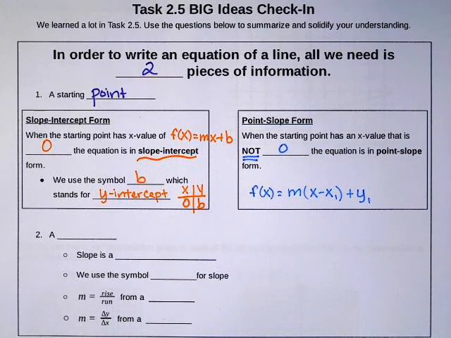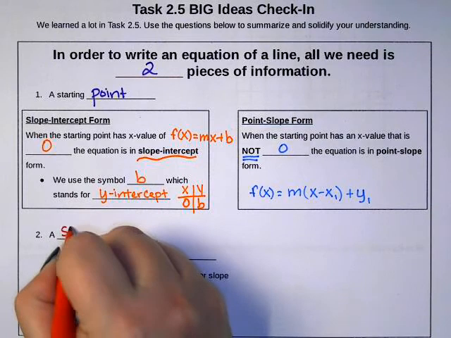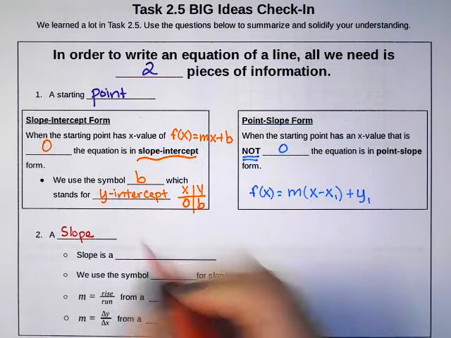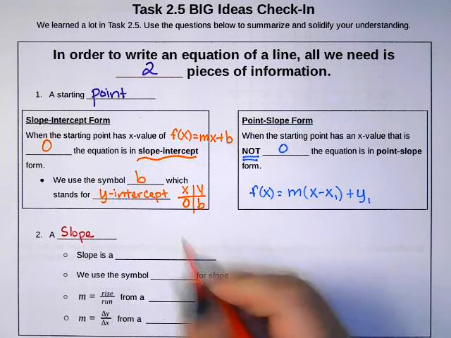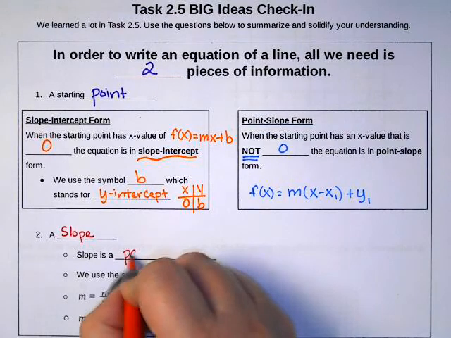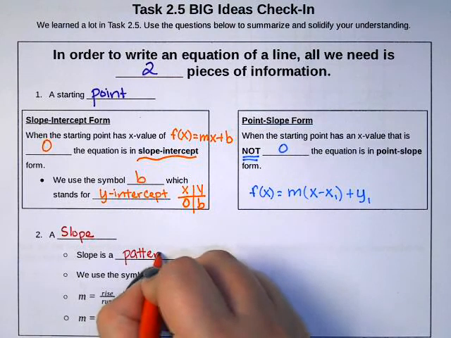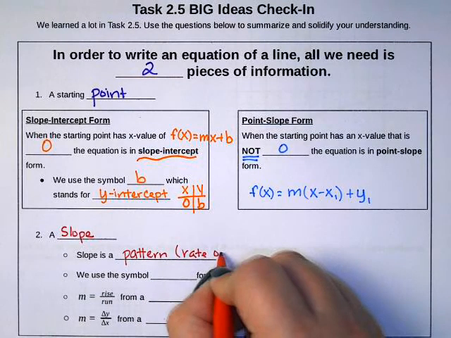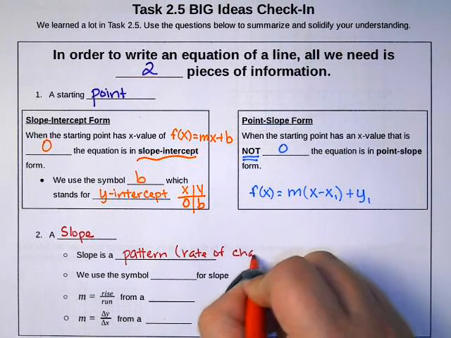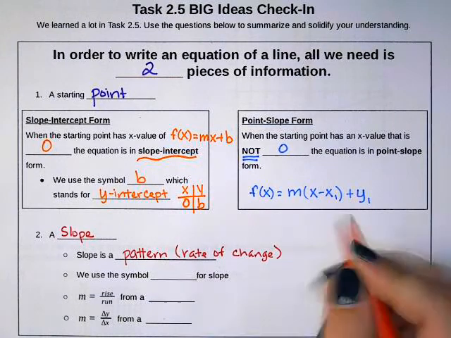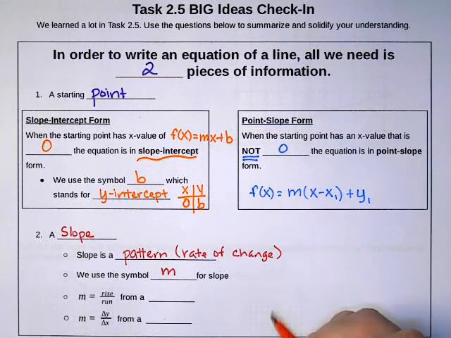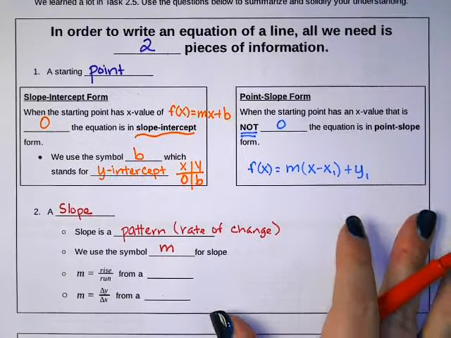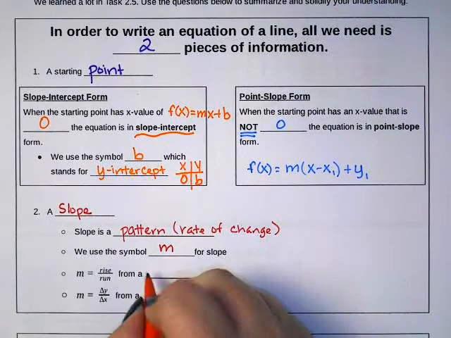The second thing that we need to write our equation is the slope. We need to remember that slope is just a pattern, or the rate of change. We use the symbol m for slope, and we know that m is equal to the rise over the run if we're given a graph.